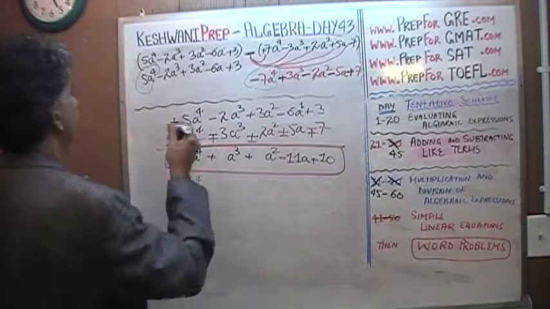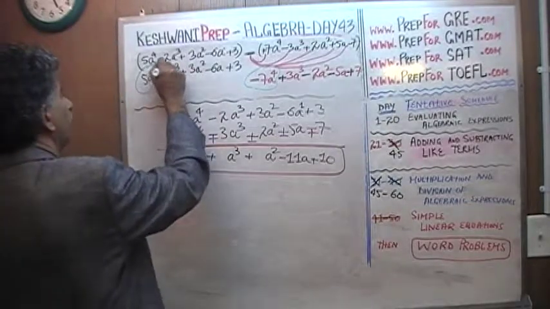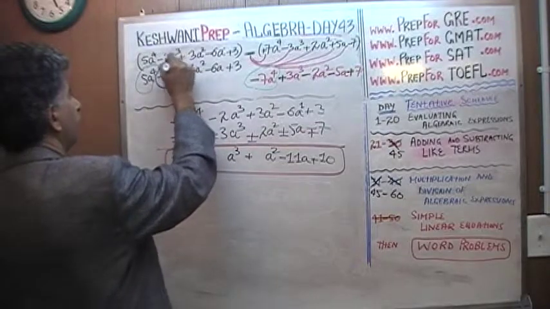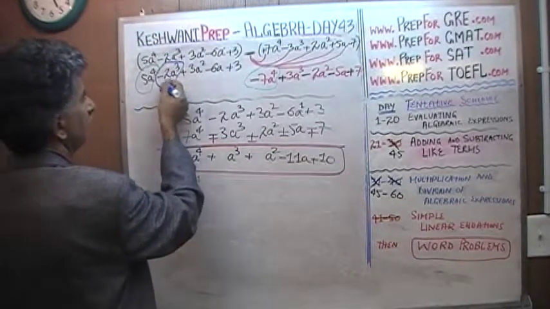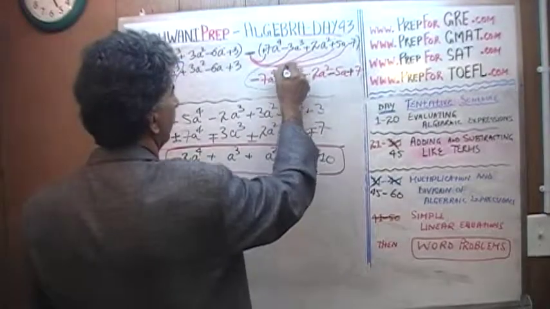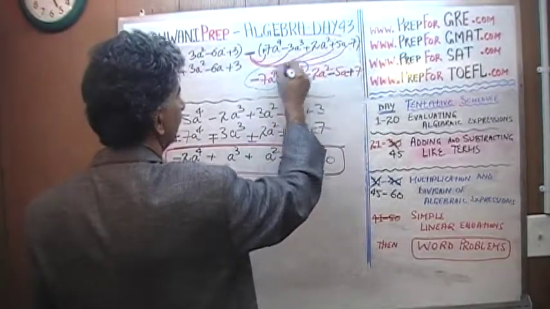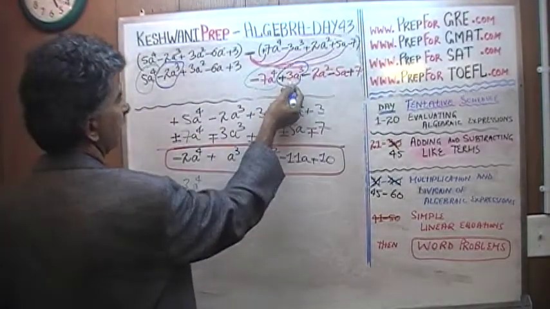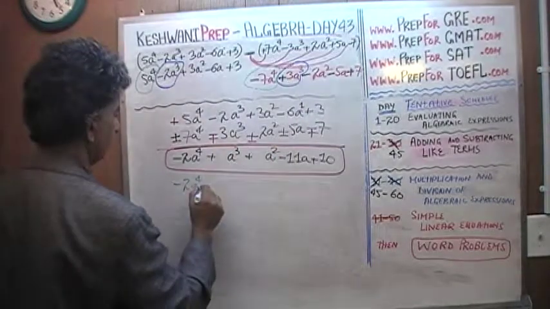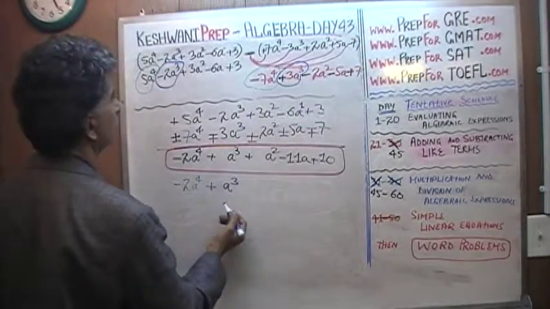Then we have negative 2a cubed and a positive 3a cubed. A negative 2 and a positive 3 is going to give us positive 1a cubed.